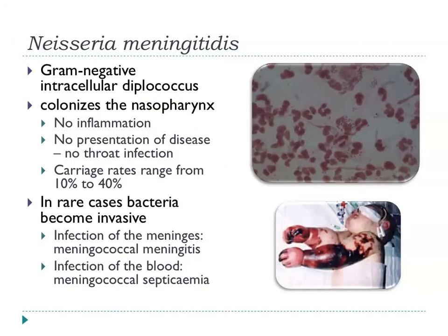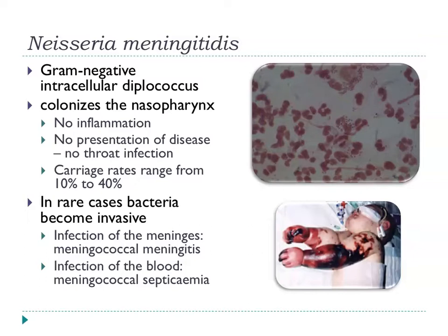Let's now focus in again on Neisseria meningitidis. So what kind of bacterium is this? This is a gram-negative bacterium. It lives inside cells. If you look at this top picture, you can see all these cells. What you're seeing there are neutrophils or pus cells, and the reddish blobs are the nuclei of those pus cells.